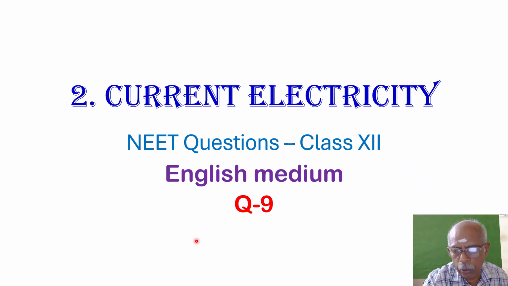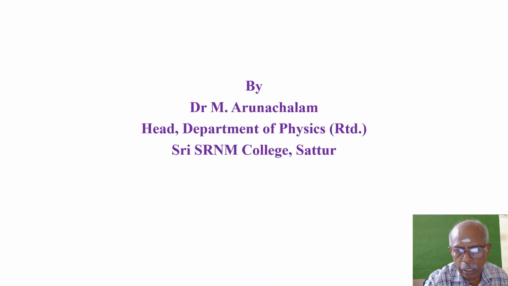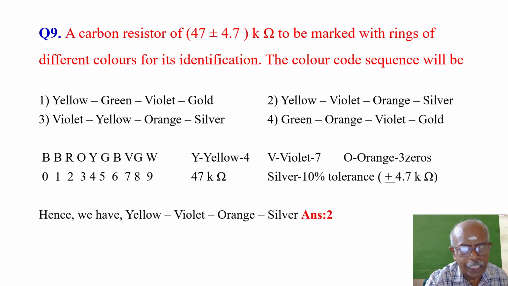In today's video, we are going to solve a question in the chapter current electricity. What is the question, sir? The question is: a carbon resistor of 47 plus or minus 4.7 kilo ohm is to be marked with rings of different colors for its identification.